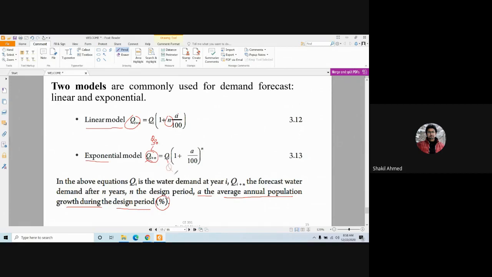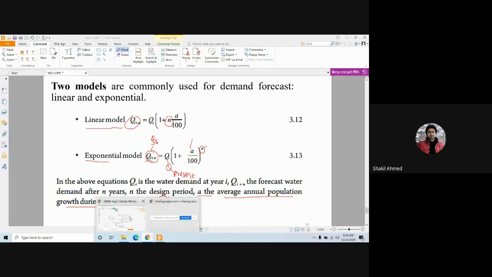QI is Q today, present. You can call it Q present, and A is, as I told you, average annual population growth, and N is the design period, that means 30 or 40, whatever it is.